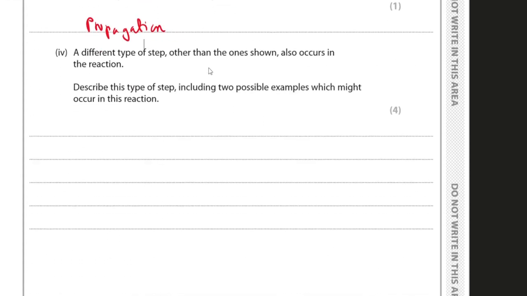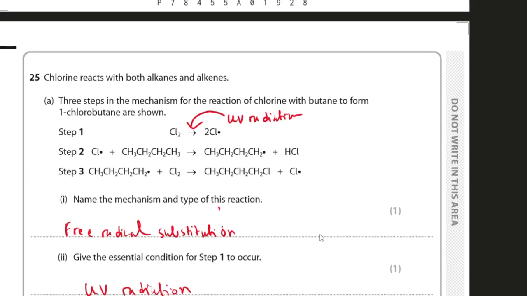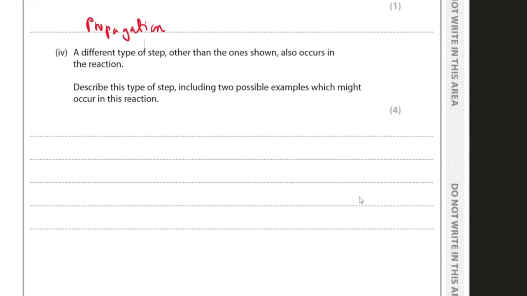A different type of step other than the ones shown also occurs in the reaction. Describe this type of step, including 2 possible examples which might occur. Now, after propagation, where the main product is produced, the radicals left as reactants react with themselves.